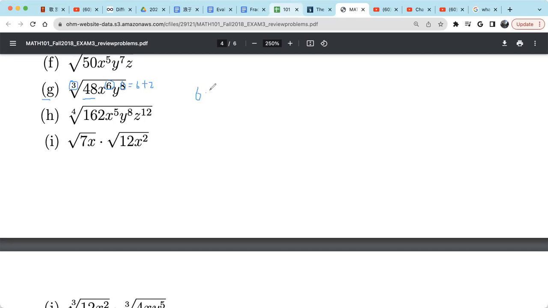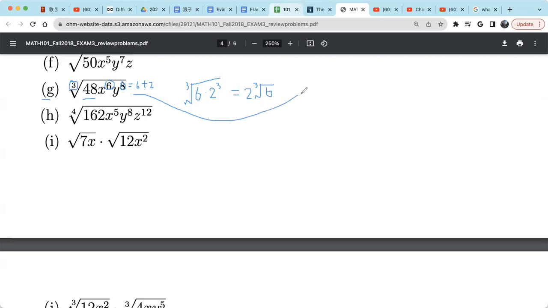Why 8? Because 8 is 2 cubed. And the cubic root of 48 is just this. Cubic root of 6 times 2 raised to 3. And this one simplifies to 2 times the cubic root of 6.